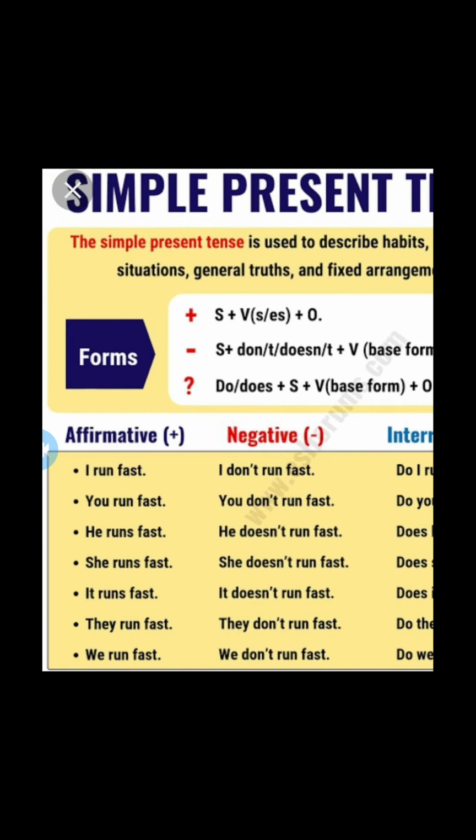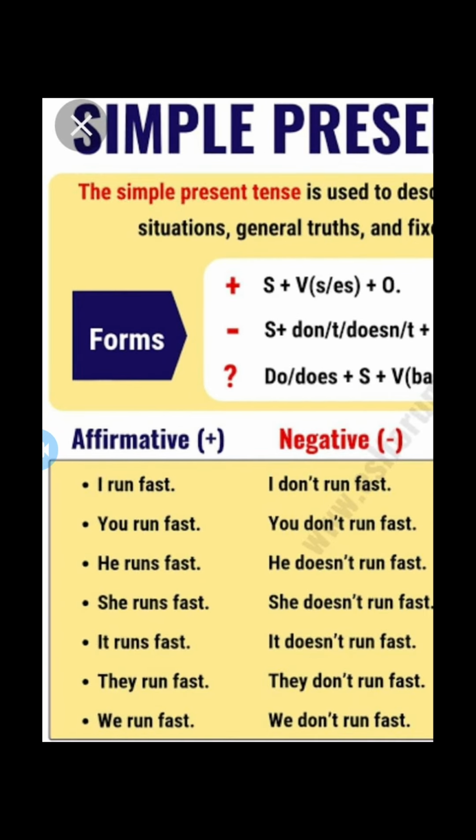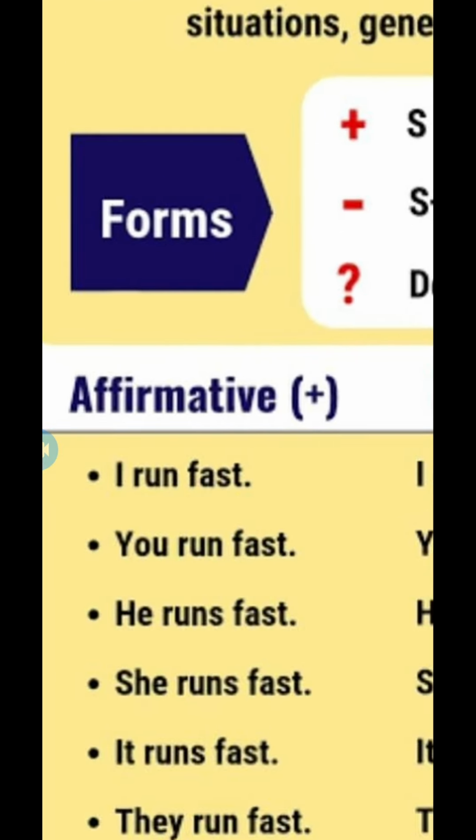Now listen, when we make a positive sentence using simple present tense with do family members, that means I, we, you, they and plural subject, we have to use subject, plus base form verb, that means present verb, then object.